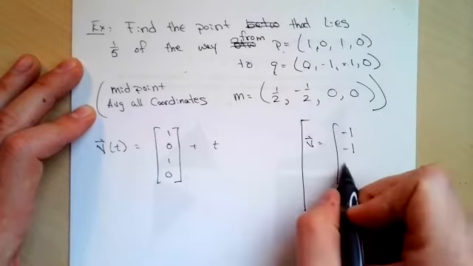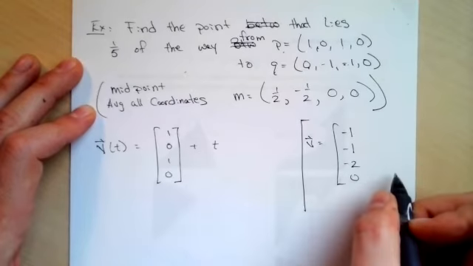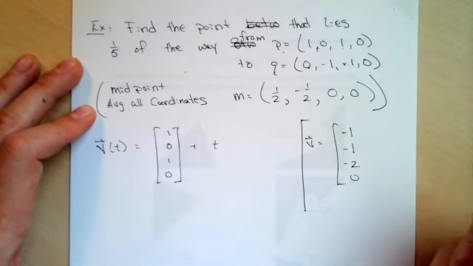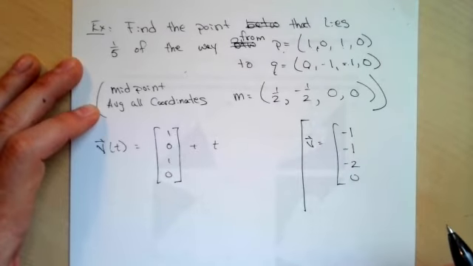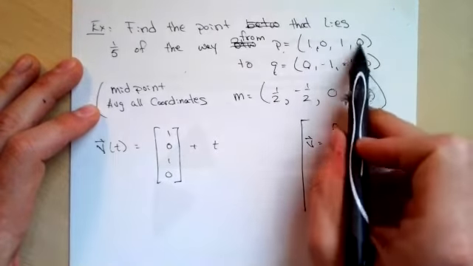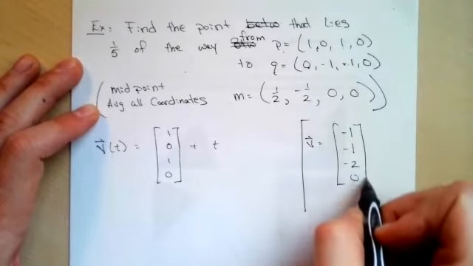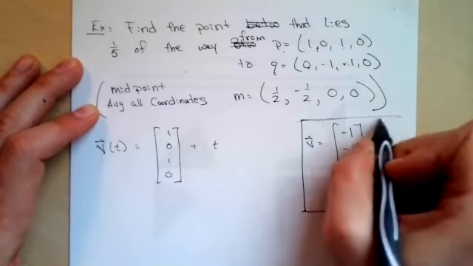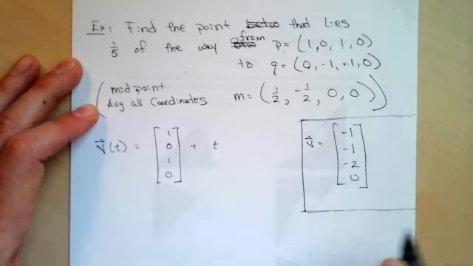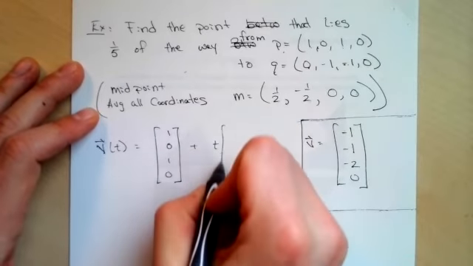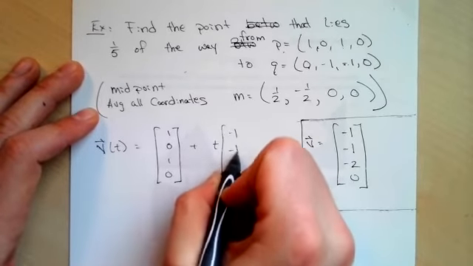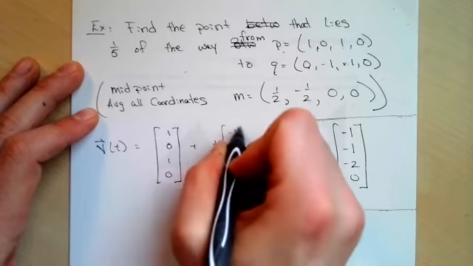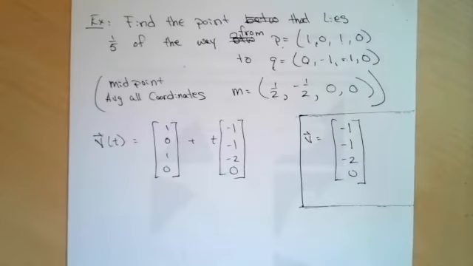Q minus P here will give us -2, and then 0 in that last coordinate. I just realized I put zeros in that last coordinate. Let's just keep it. It's not going to matter, since both of those coordinates are 0 in the last coordinate. It's always going to be 0. It'll save us a little computation.